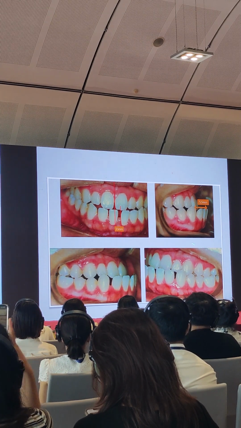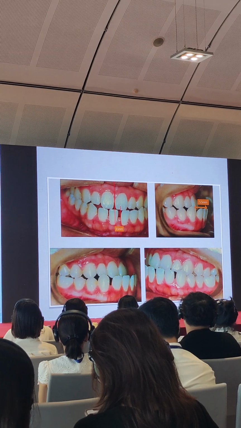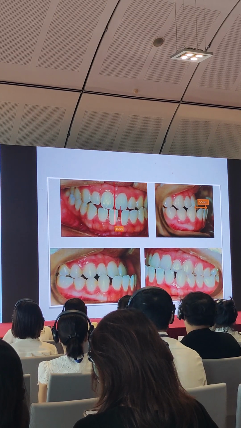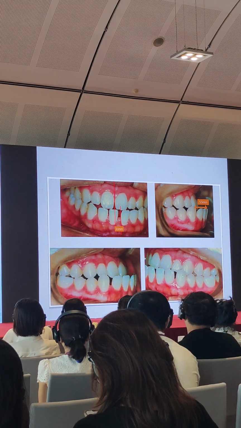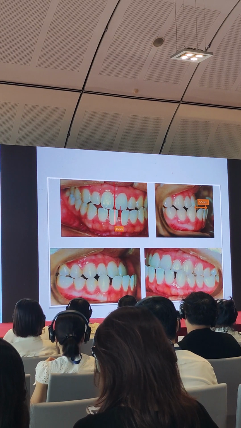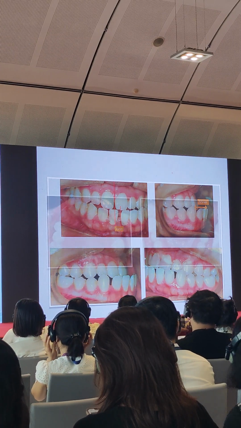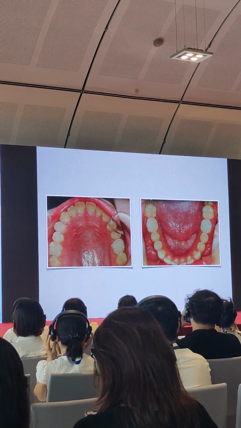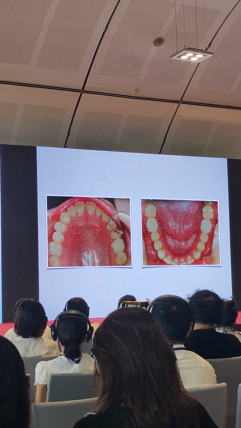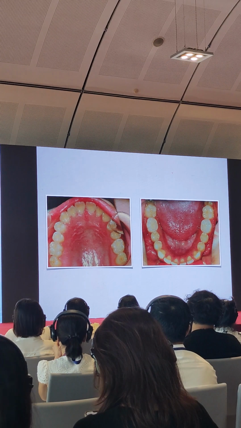On the right side, you have a full class 3 canine molar relationship. On the left side, the molars are class 3, but the canine is class 1. So this is the occlusal view. You get a very wide mandibular arch, and a little bit ovoid shape on the upper.